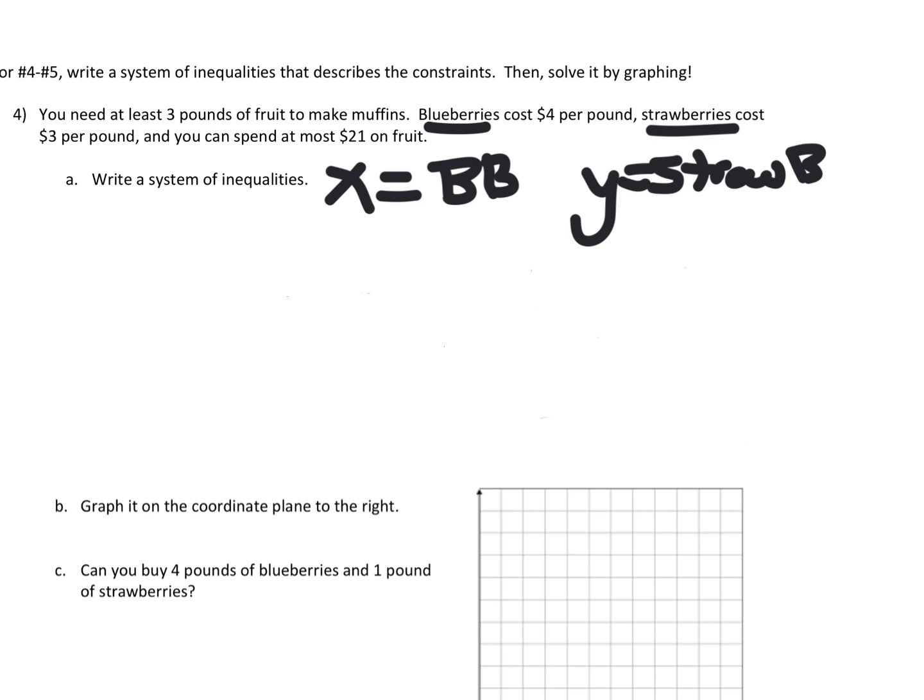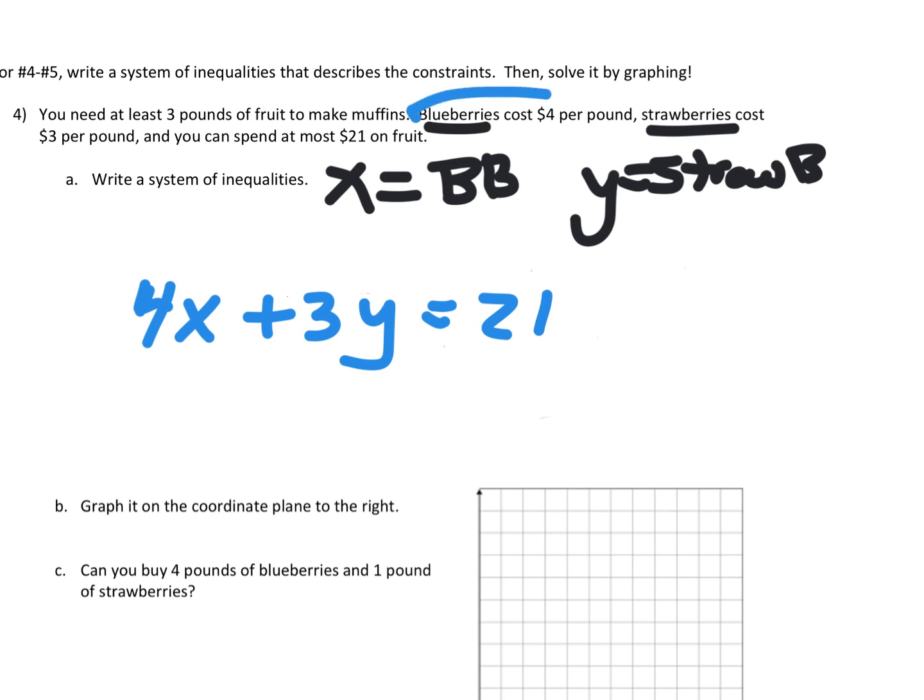Tell me the second equation. 4x plus 3y would add up to $21. Very good. To get the blueberries, go with the $4. So 4 went with this. And it said the strawberries were $3. So the $3 goes with this. 4x plus 3y is 21. Nice job.